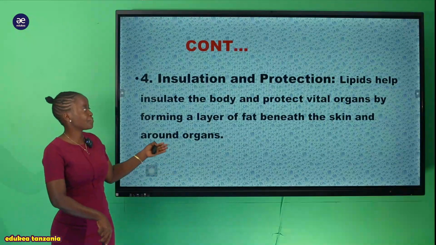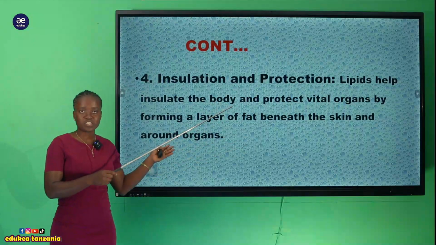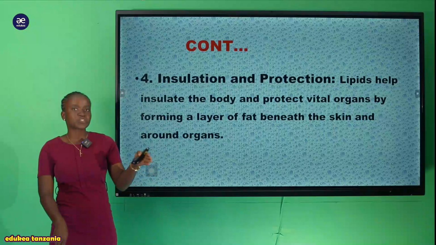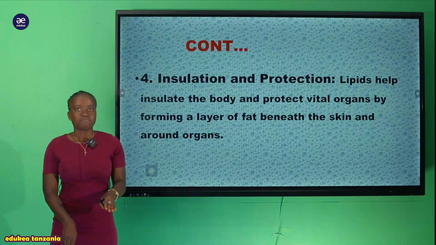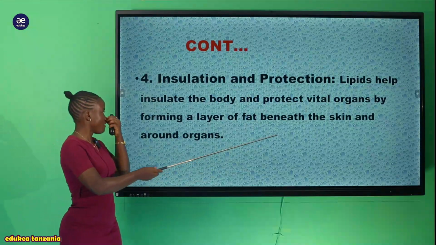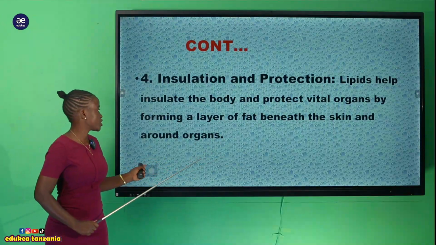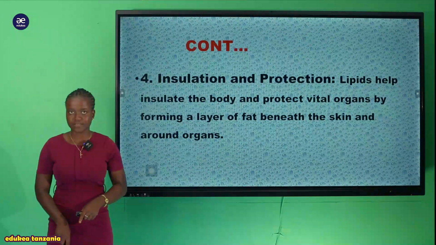So by doing that, we can say that those lipids found beneath the skin tend to insulate the body. But we also have other lipids or fats which are found around the organs.